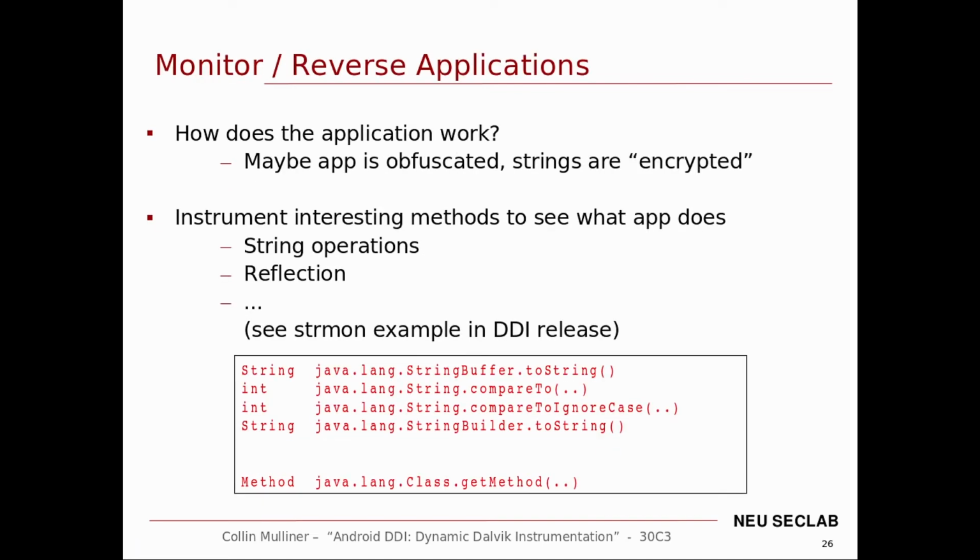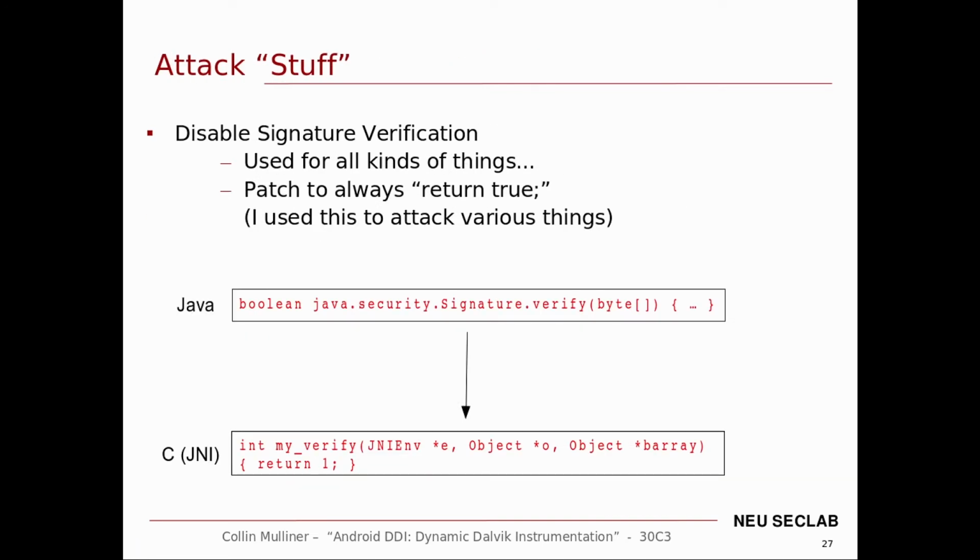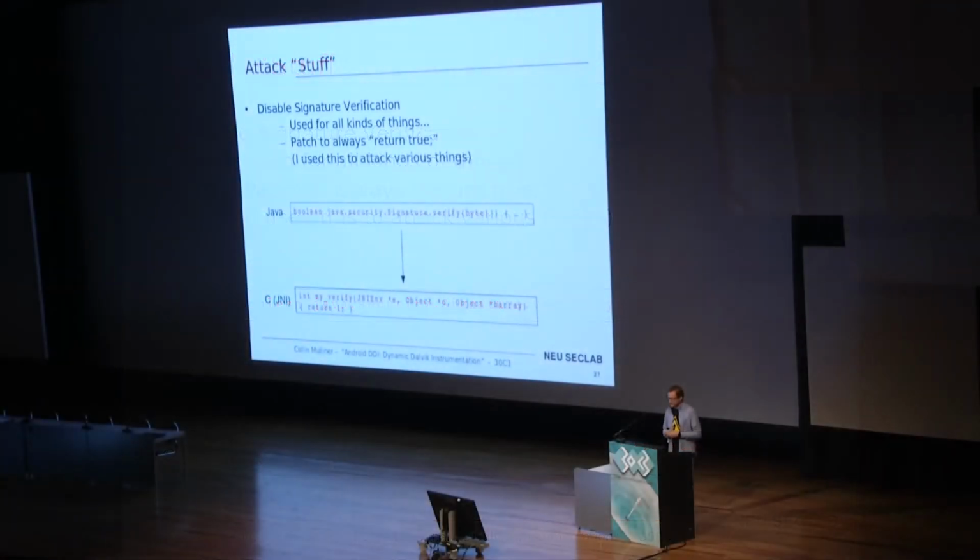I have something later on for that too. You can just continue, and if you don't call the original code, you can also do other stuff. One very interesting thing for me was disabling digital signature verification. This is really used for all kinds of different things, and it's a really easy hack.